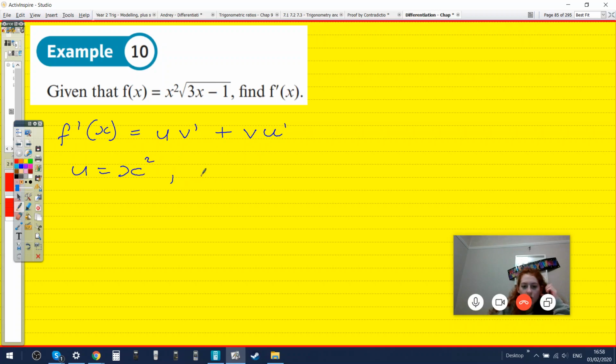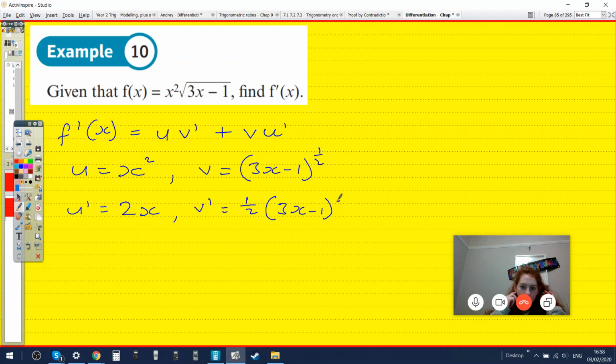So u dash would be just 2x. And then v, we can have 3x minus 1 to the half. And then would v dash be a half brackets 3x minus 1 to the minus a half? Oh yeah, to the minus half.